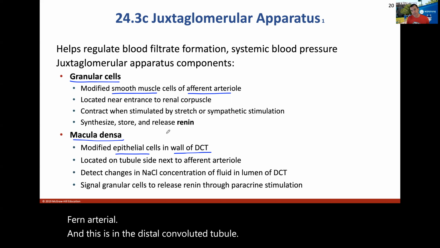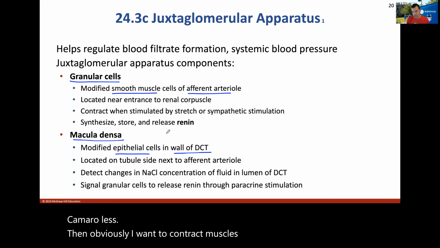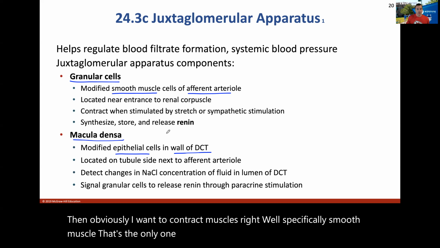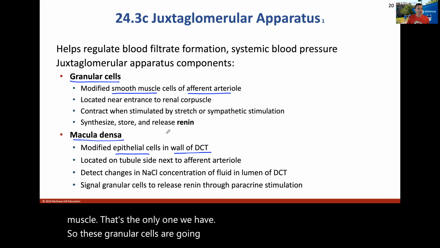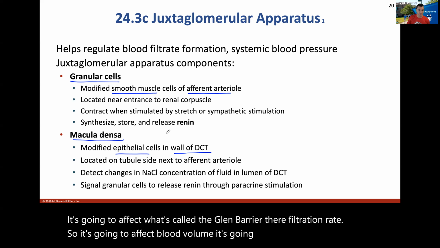If I want to regulate the amount of blood flow into the glomerulus, then obviously I want to contract muscles, right? Well, specifically smooth muscle. That's the only one we have. So these granular cells are going to help regulate how much urine we form. It's going to affect what's called the glomerular filtration rate. So it's going to affect blood volume. It's going to affect blood pressure.